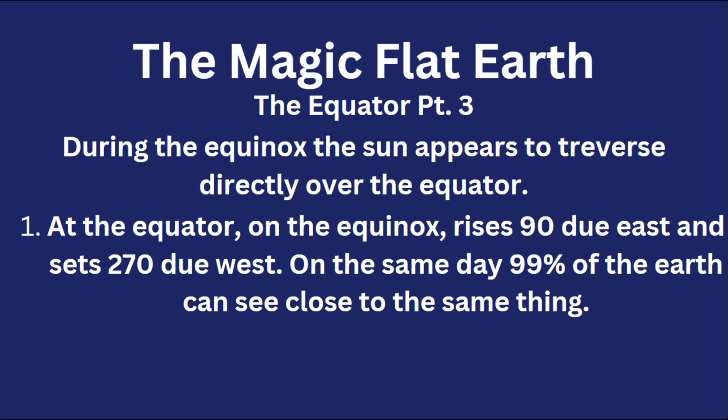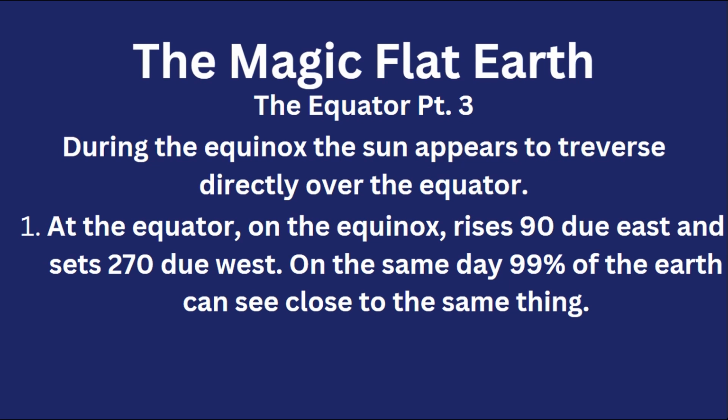So that means 99% of the earth, or somewhere close to that, can see the sun rising nearly due east, nearly 90 degrees, and setting nearly 90 degrees due west, regardless of where they're at on the earth.